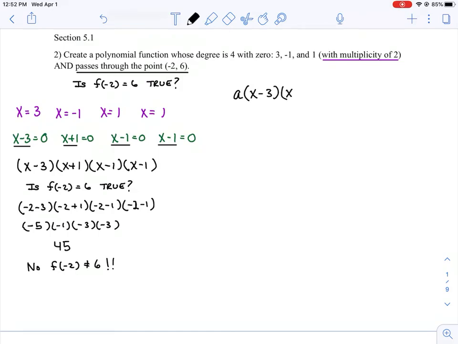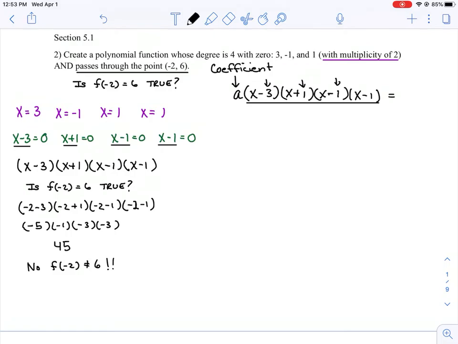So what we're going to do is we're going to multiply those 4 factors by some unknown coefficient. And we can do that because if I multiply these 4 factors by some unknown coefficient a, it does not affect the number of zeros or what the zeros are.